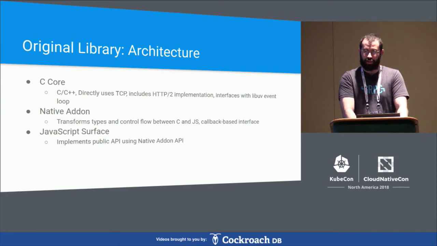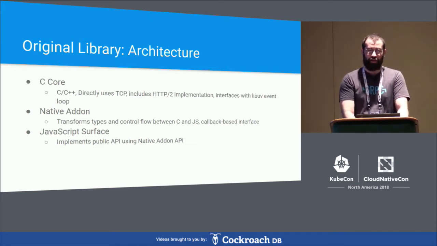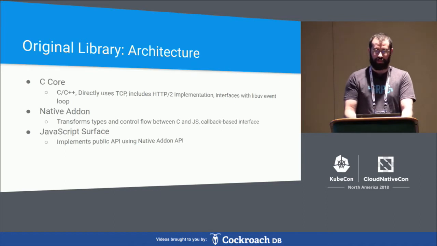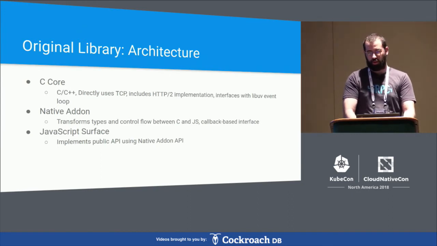It uses C++ APIs provided by the Node runtime to define JavaScript APIs. In this case, the primary purpose of our native add-on code is to transform types and control flow between what's defined within the core and what's useful in a JavaScript API.